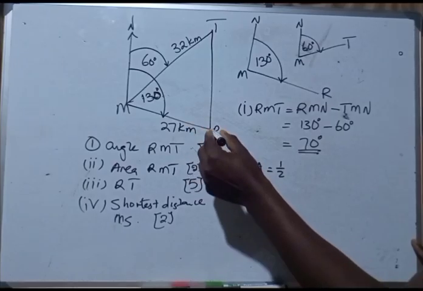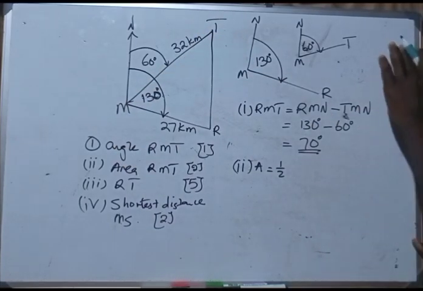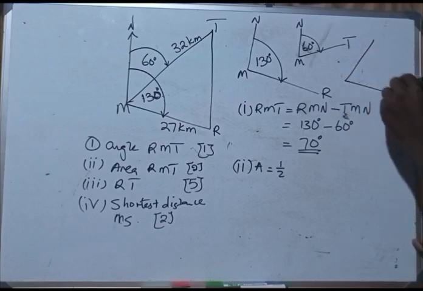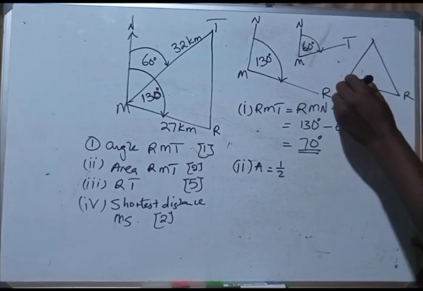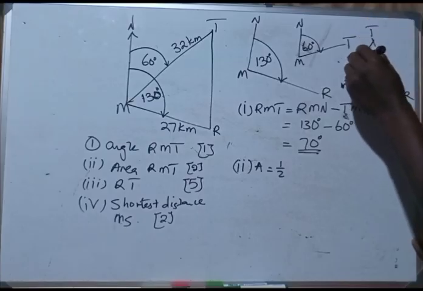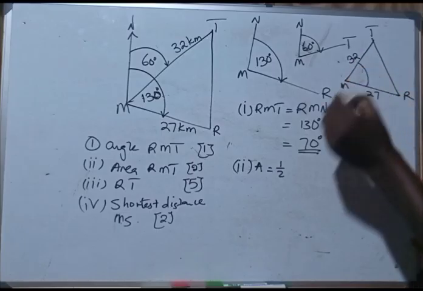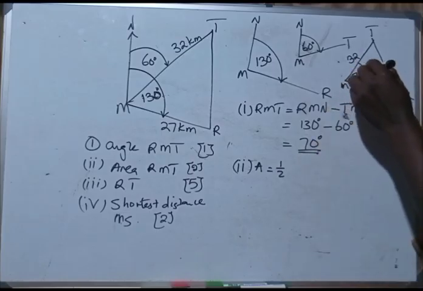Then remember this side here. Let me try to redraw that diagram. I have my R there, I have my M, and I have my T. The length there is 32. The length here is 27. There, the angle we have is 70, the one we have just gotten.